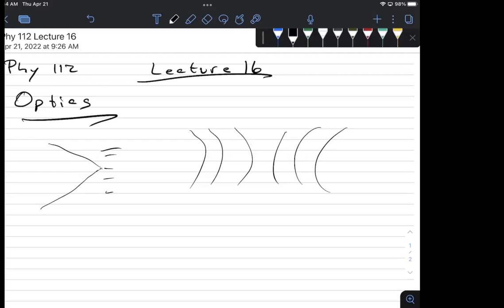But it seems that actually this is some third thing. It's neither a particle, nor is it a wave. It is something, we don't have a name for it. It's this thing. And the way this thing happens to work is it happens to have characteristics of both particles and waves.